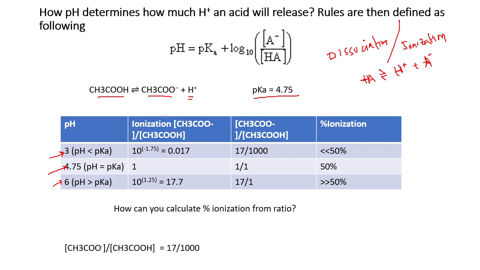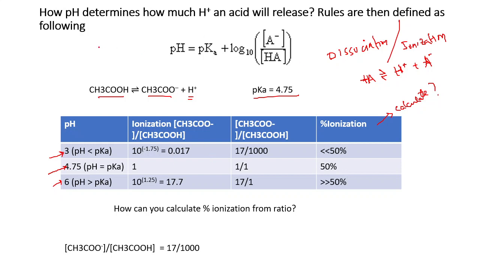This column is the ratio of CH3COO minus by CH3COOH, which you can calculate from this equation. This one is the representation of this information, and this is percentage ionization. We'll come to discuss how to calculate it. First, this calculation is simple.